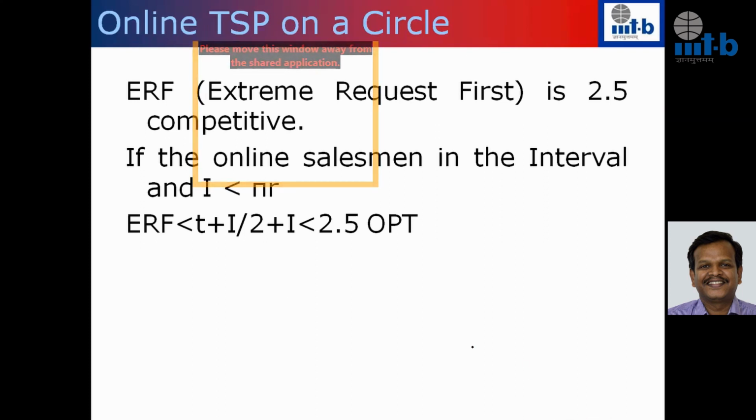Now, if the interval is relatively small, more precisely less than half of the circumference of the circle, then the online server is actually inside the interval, right? So what we are saying is that there are some new requests which have come, but all the requests are in this interval. So the interval where all the requests are there is from here to here.